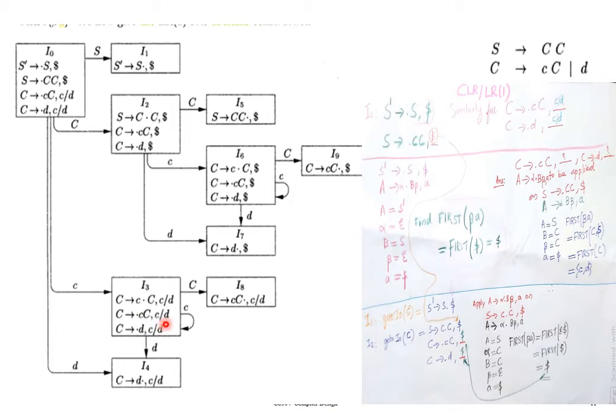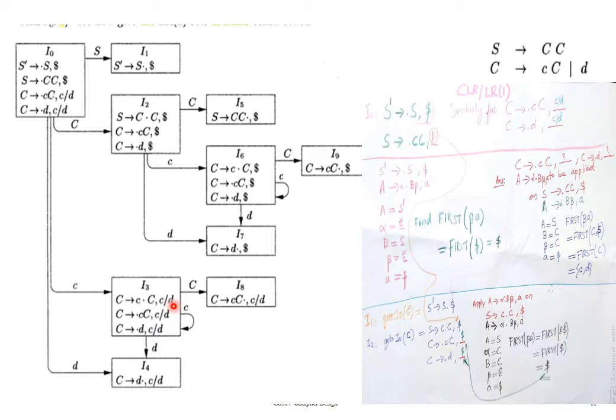The look ahead symbol is c bar d, so that will be copied, that is I8. In the case of the second item, after the dot there is small c. So goto of I3 on small c will be capital C gives small c dot capital C, and its look ahead symbol is c bar d.